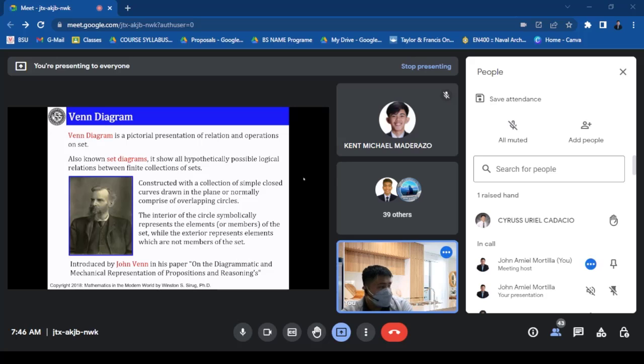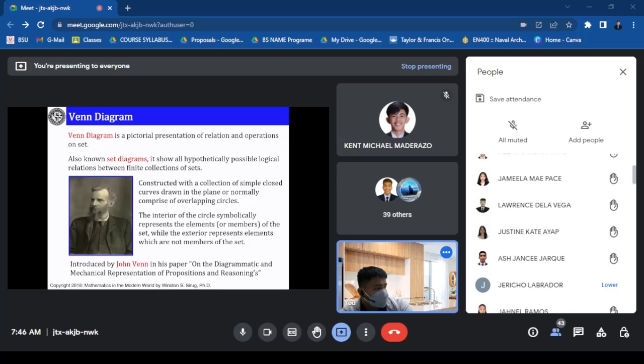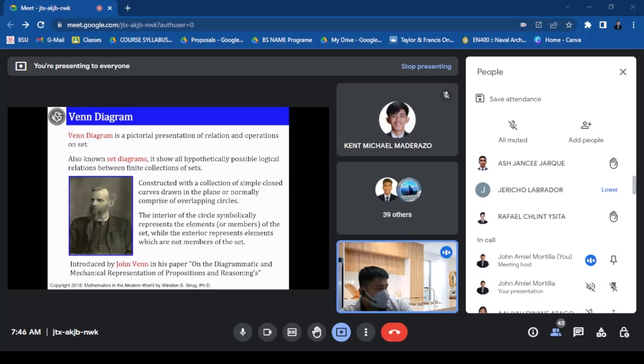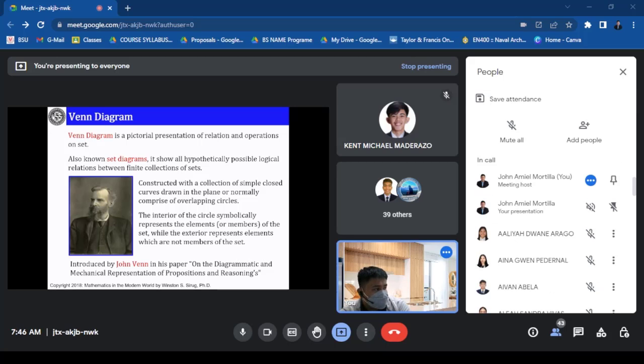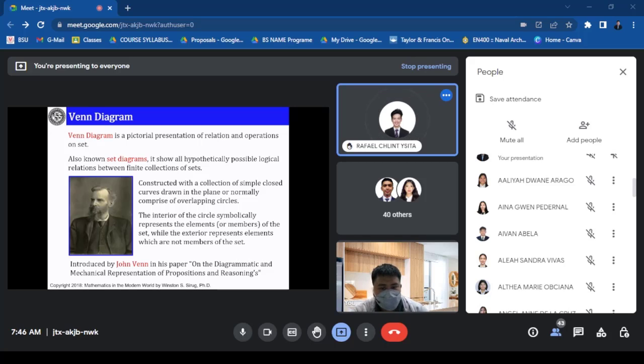Okay, so please read Venn diagram. Sinong hindi pa? Okay, Rafael Clint. Venn diagram is a pictorial presentation of relation and operations on set, also known set diagrams. It shows all hypothetically possible logical relations between finite collections of set, constructed with a collection of simple closed curves drawn in the plane or normally comprised of overlapping circles.